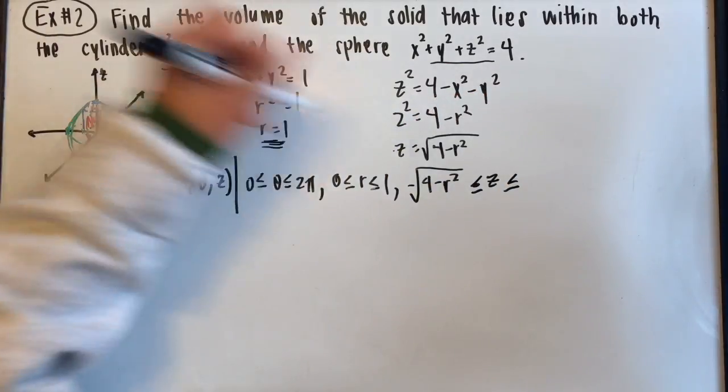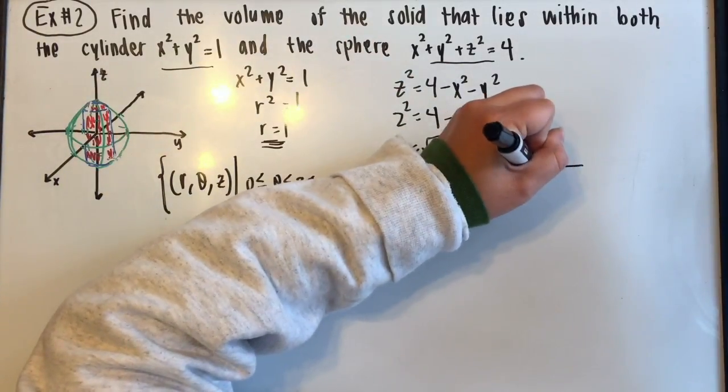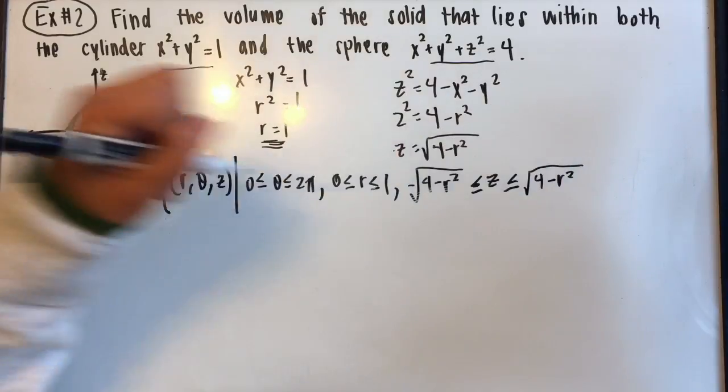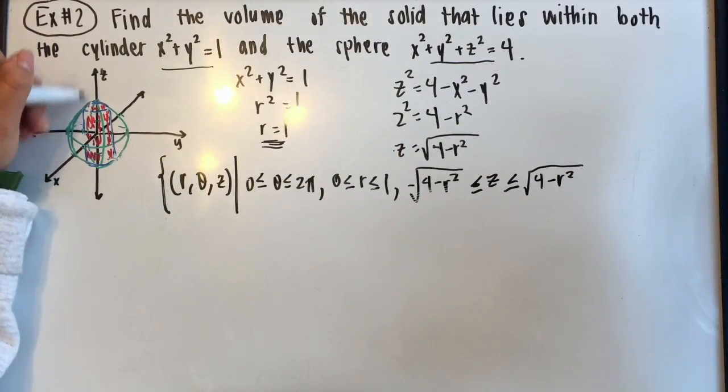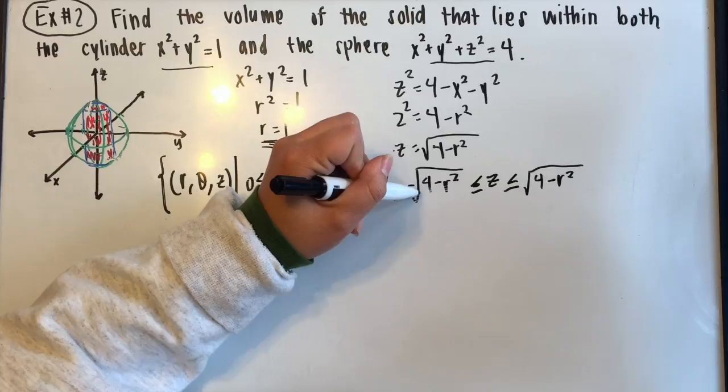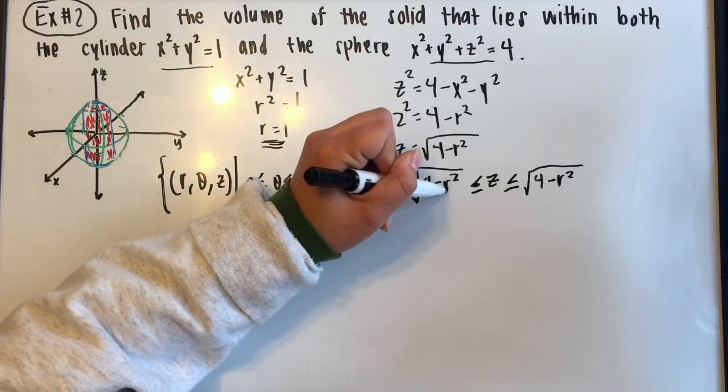Then our top is just going to be the positive of that, the square root of 4 minus r squared, because it's the top. It's the positive of z.